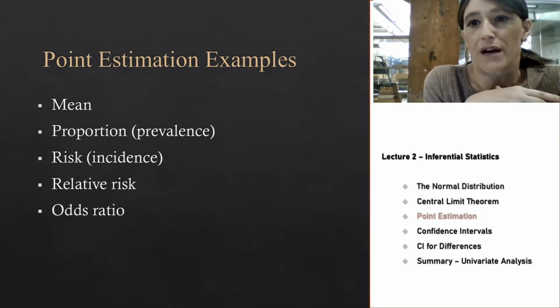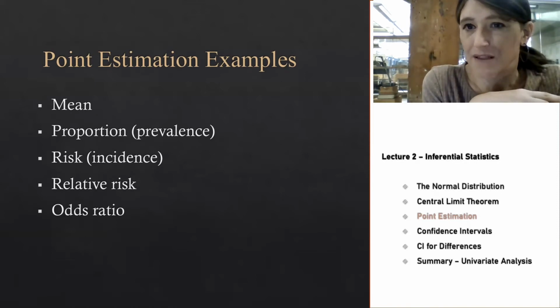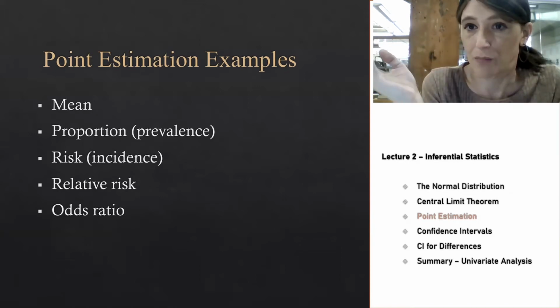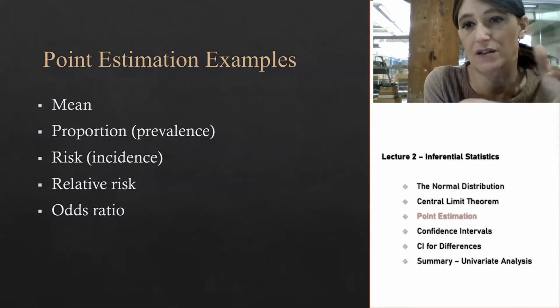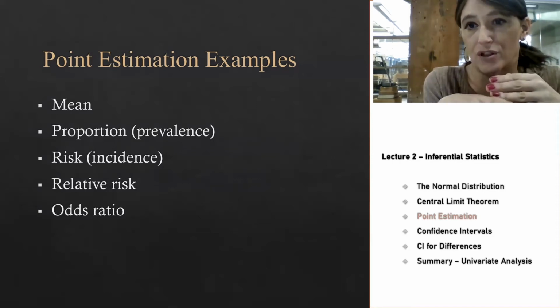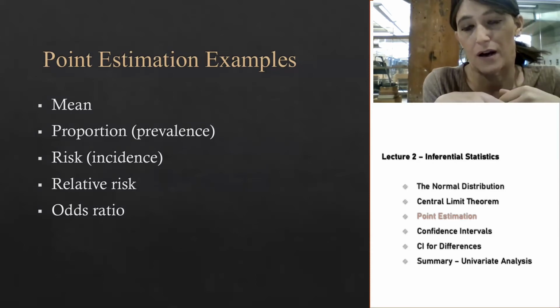So we're now calculating things like means and proportions with a little bit different intent. The intent here is to make some inferences about the population, to say something about the broader population based on what we observe in our sample. And that's usually the goal of research. That is actually what distinguishes research from just looking at a process within our own hospital.